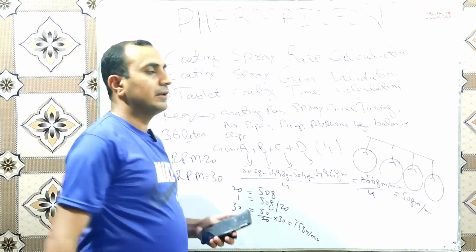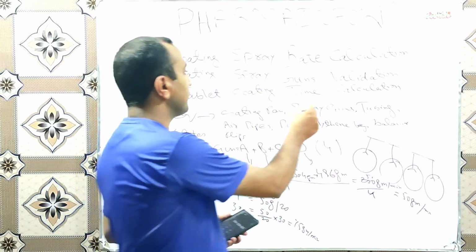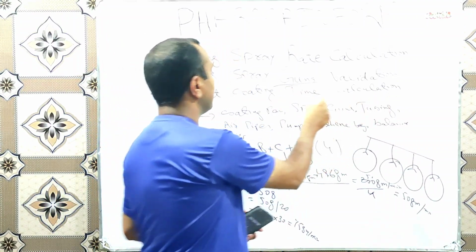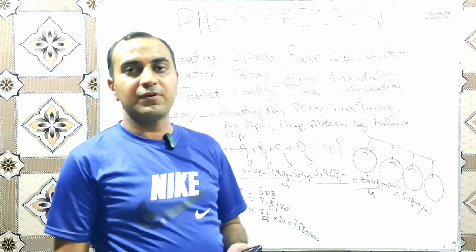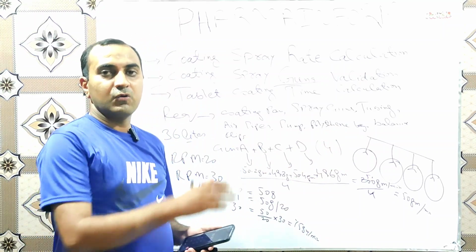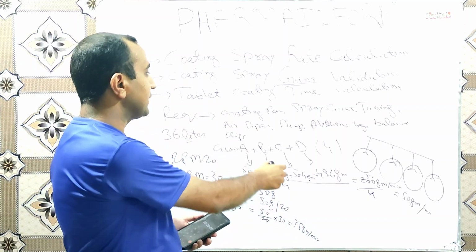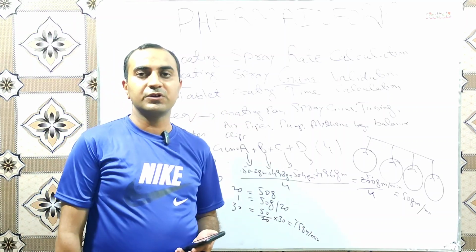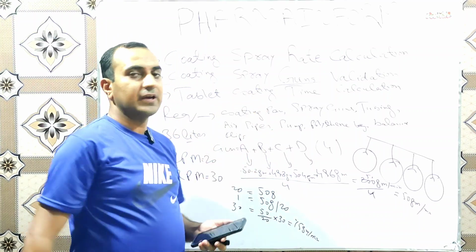The next one is calculating coating times. This portion is very important because in pharmaceutical industries we do not have a validated coating time on a precise basis. If you have these calculations, on the basis of these calculations you can precisely fix your coating suspension time.